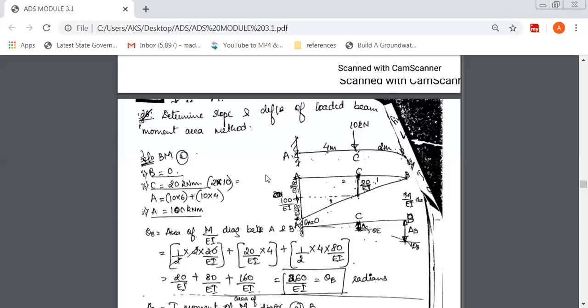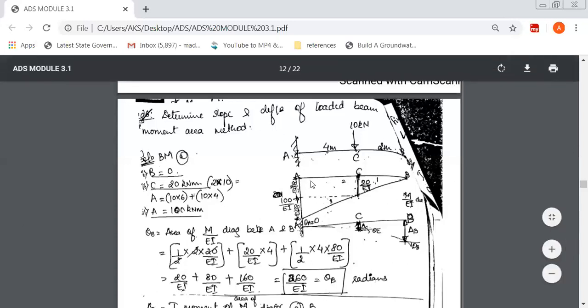So this is 20, this is also 20. So the rest is 100 minus 20, which is 80. So this is 80. So we know the area of triangle, rectangle, triangle. Again, marking these numbers is your choice. You can mark anyhow, provided you simplify and identify all the areas and consider all the areas properly.